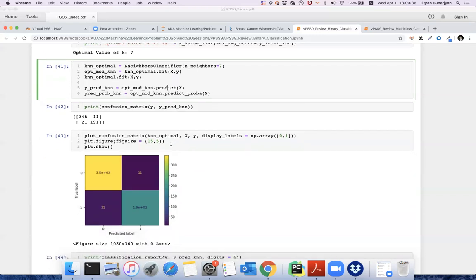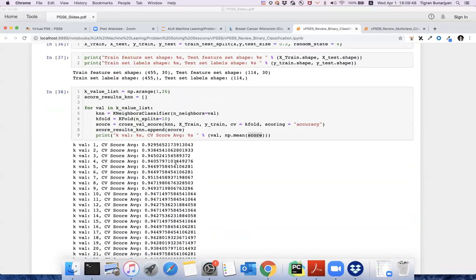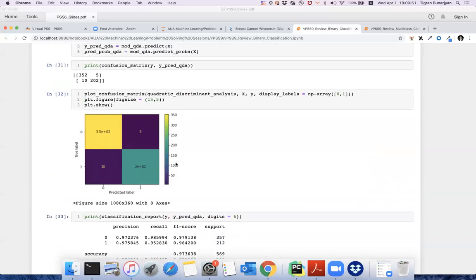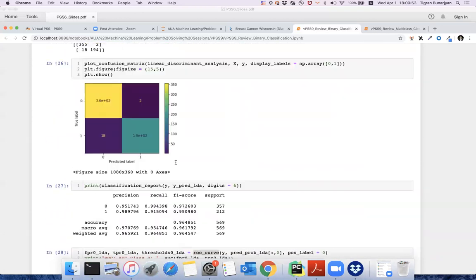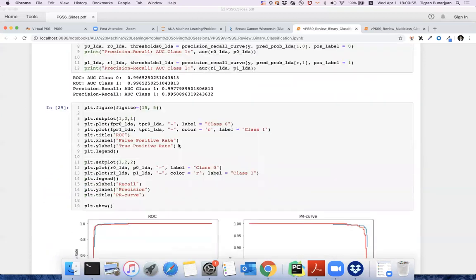So in here we see that we have a no better confusion matrix than what we had during LDA, QDA, and logistic regression, and we have 4 for the LR.